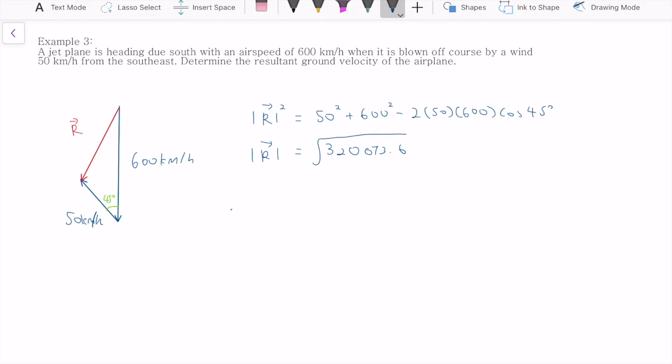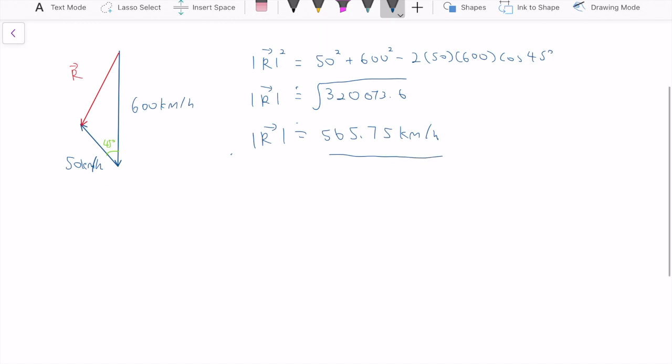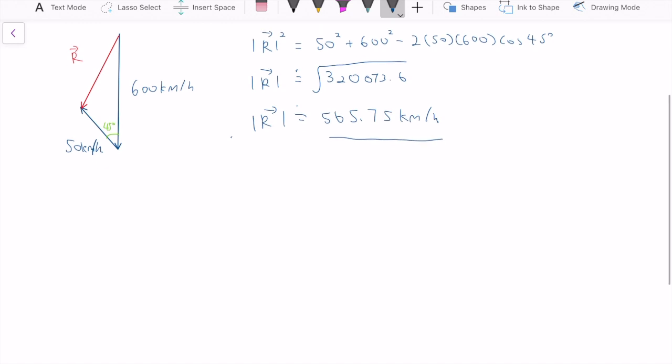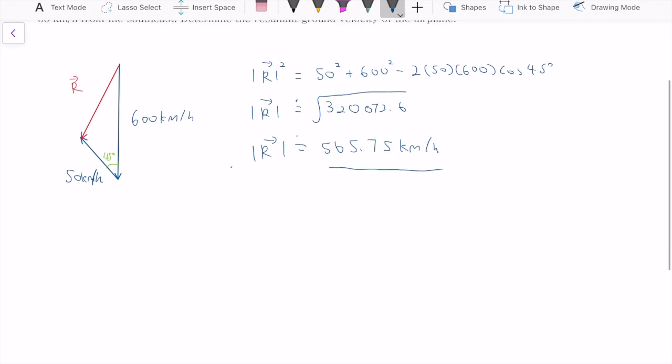I have to square root that. So all in all, r equals 565.75 km per hour. So we know the magnitude of r, which is 565.75 km per hour. But now, to determine the resultant ground velocity, we also need direction.